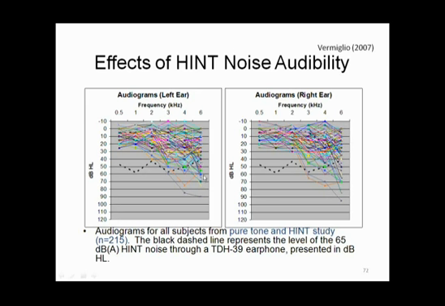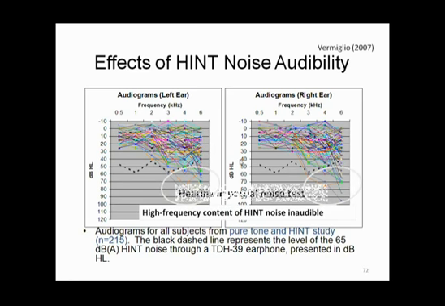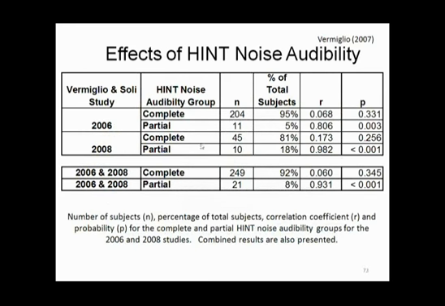So you can think of it this way, we have subjects who have partial audibility of the speech, and we have subjects who have complete audibility of the speech, left ear, right ear. So I thought, well, why don't we create two groups? Let's have a group with complete audibility and a group with partial audibility.